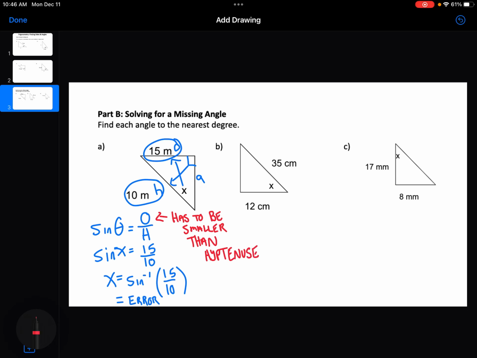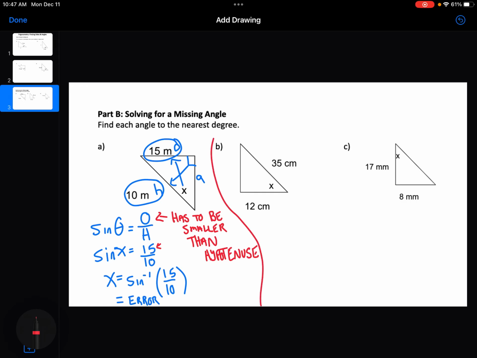We know that because the hypotenuse is the longest side of a triangle. So when we're looking at this, we had 15 is bigger than 10. Well, that can't be true because 10 has to be the longest side. So this was never going to work. This is an impossible triangle. This triangle doesn't actually work out.